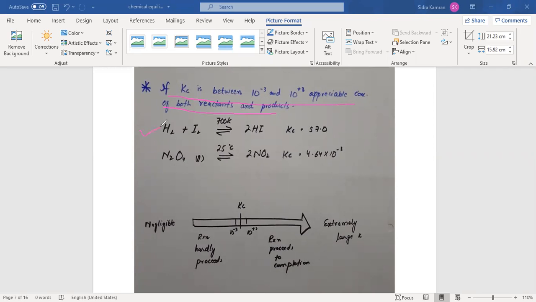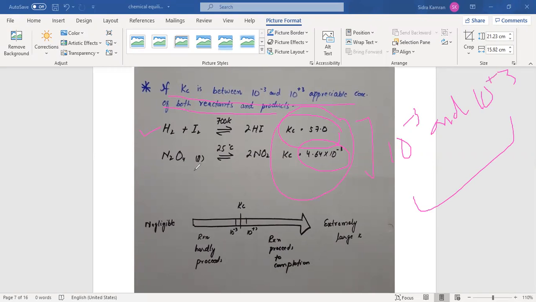So here you can see the value of Kc is 57, and in this case the value is 4.64 exponent minus 3, between 10 raised to the power minus 3 and 10 raised to the power plus 3. Between these two values lie the Kc values for these two reactions, which shows the concentrations of the reactants and products are equal.